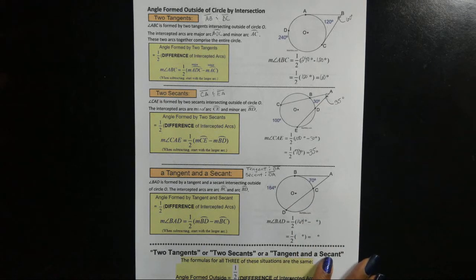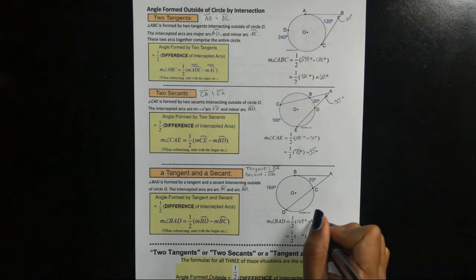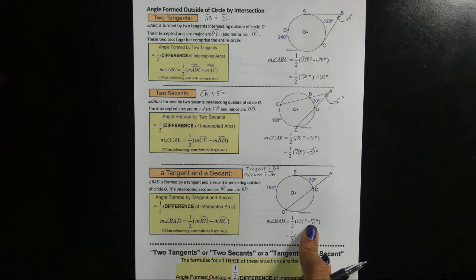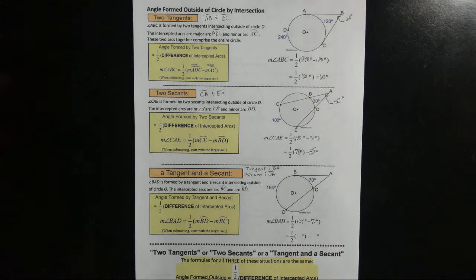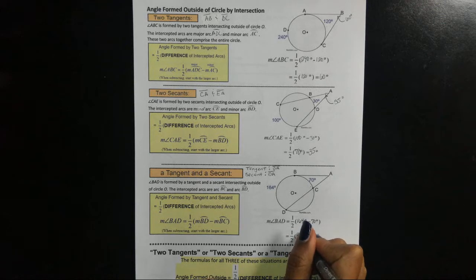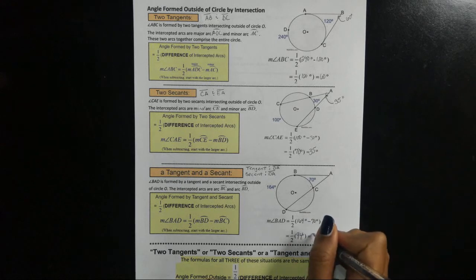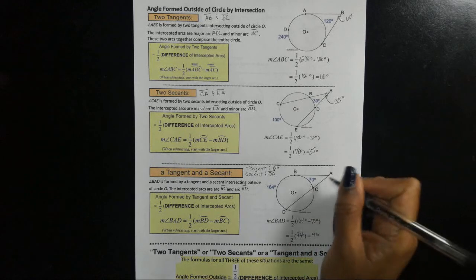And we're going to subtract the smaller one, and the smaller one, of course, is going to be the 70. So once we do the 164 minus the 70, we should all end up with 94. And once we end up with 94, we'll take half of that, which will let us know that our angle, of course, is 47 degrees.